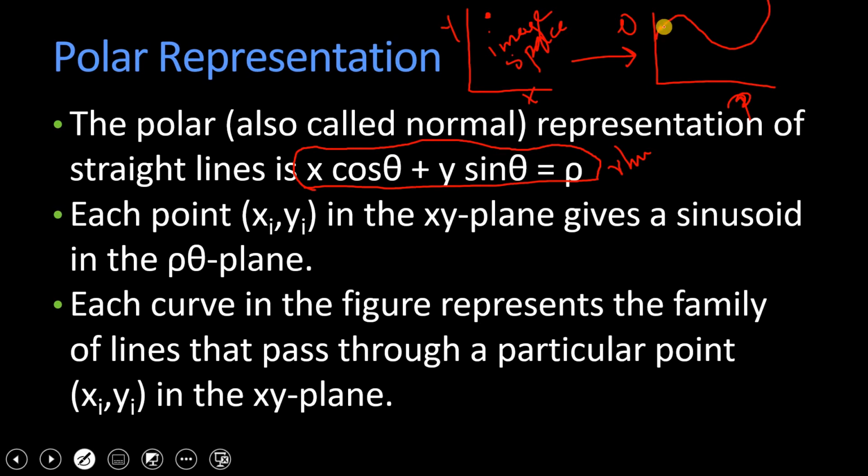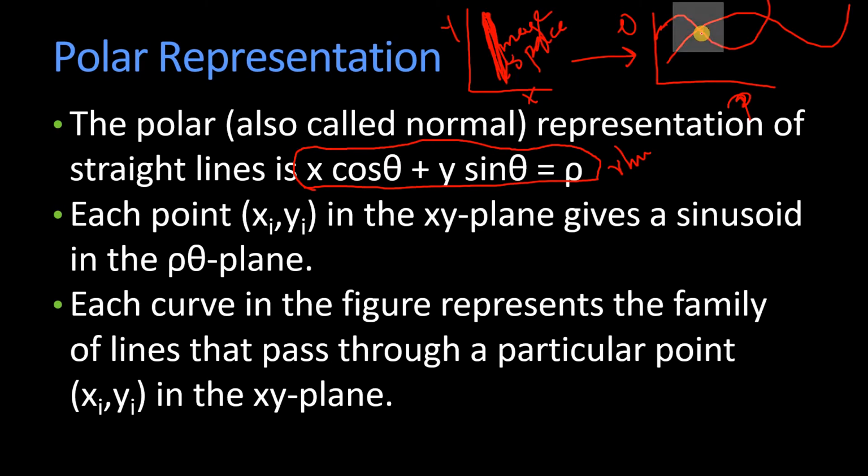One point will be represented by one sinusoid and another point by another sinusoid. These two points are connected by a line, so the sinusoids will intersect at some location. The sinusoids may intersect at more than one point, but both these points will give you the same line.